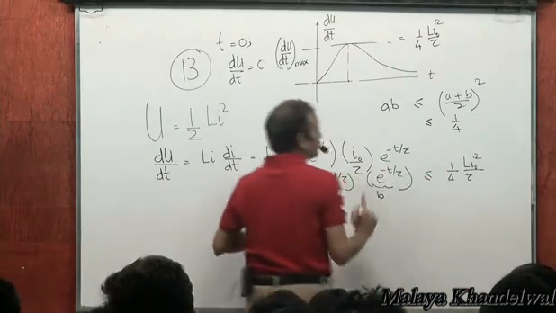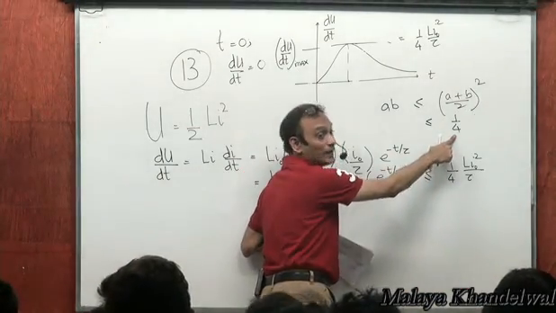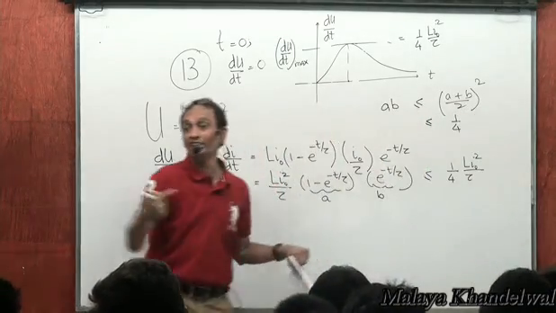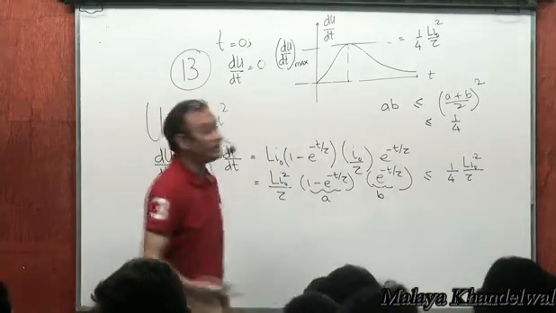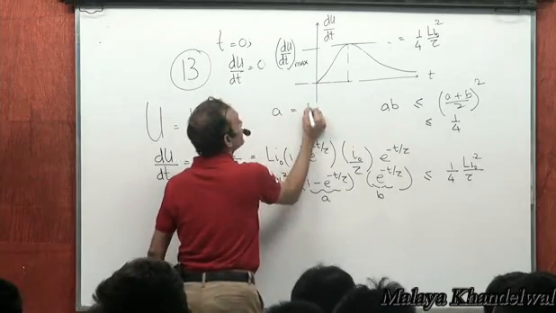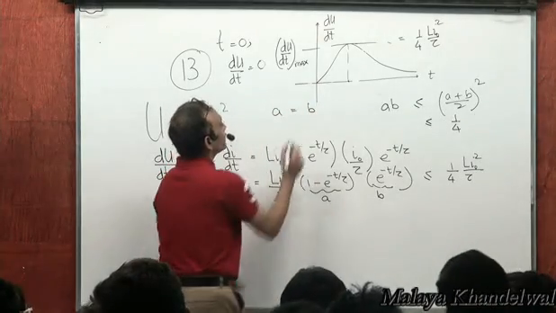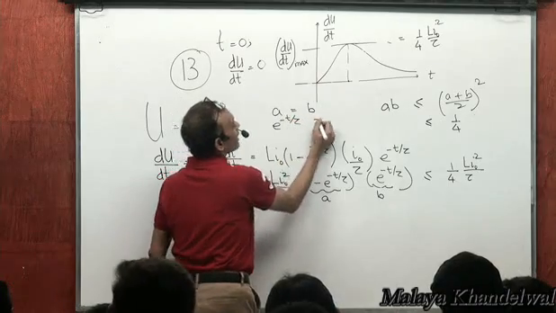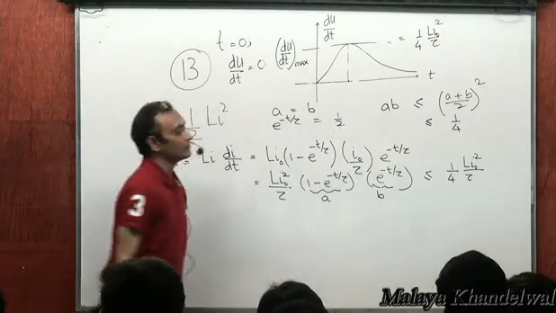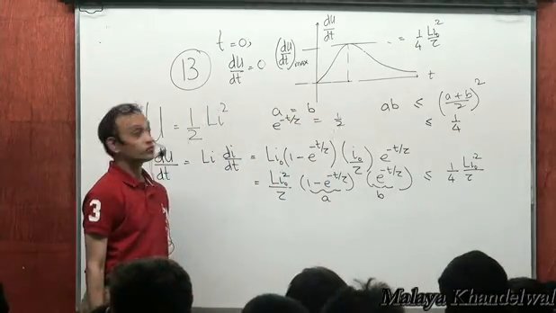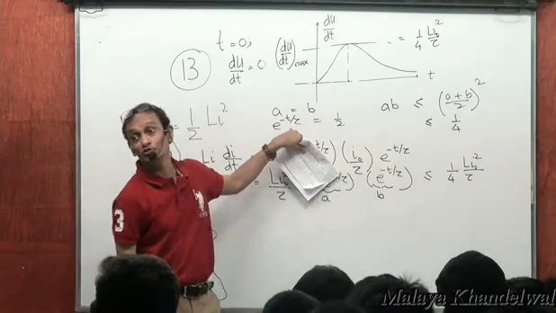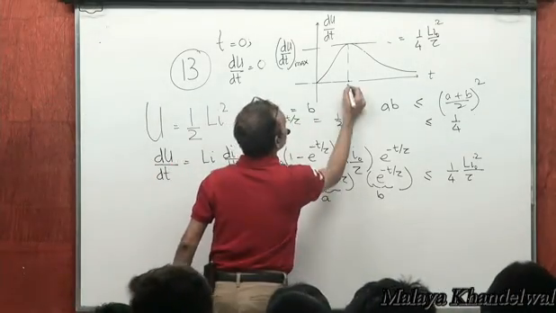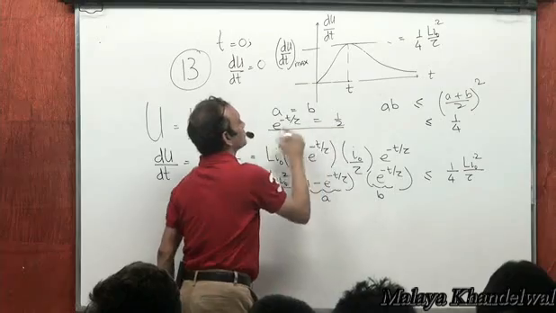And when does this become equal to 1/4? When A becomes equal to B. The equality, GM equal to AM, happens when A is equal to B. And when does A become equal to B? A becomes equal to B when e to the power minus t by tau is half. Then by taking the logarithm, you would know the time t when it becomes maximum.